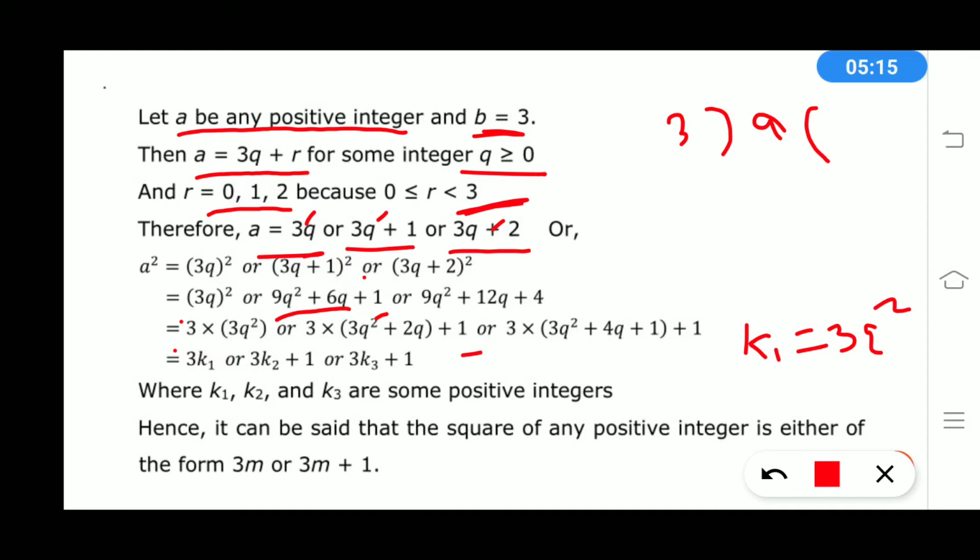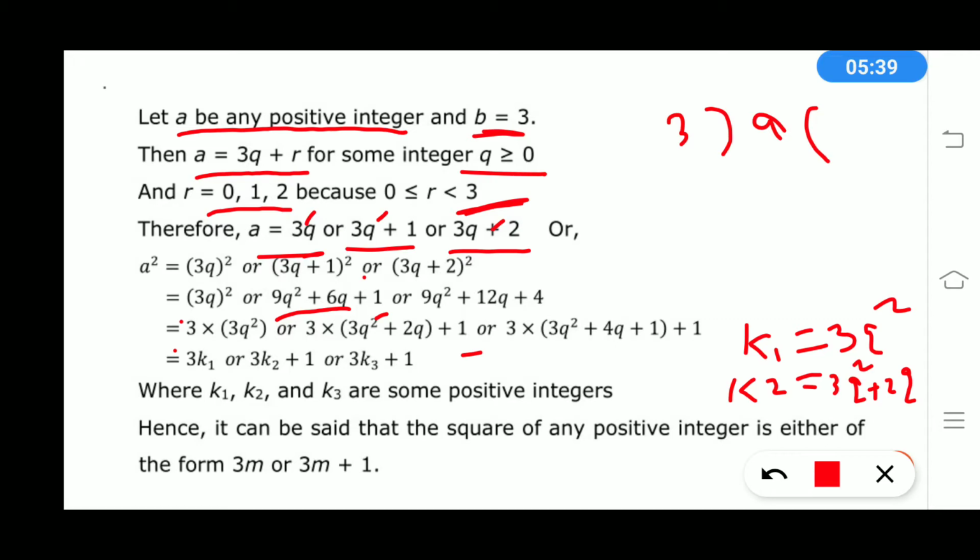So 3k2 plus 1, where k2 equals 3q square plus 2q. And the last one, 3q plus 2 whole square, that means a plus b whole square form again.